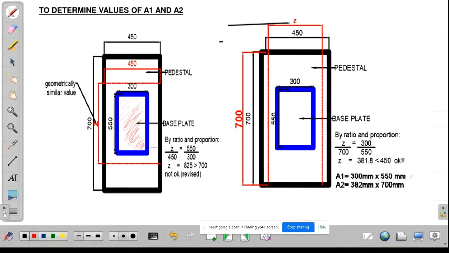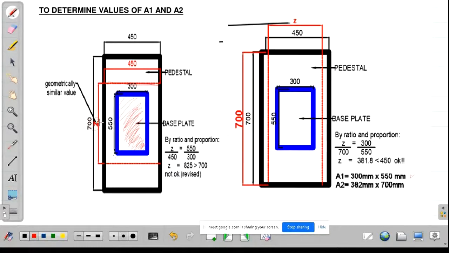Paano yung area 2 natin? So, area 2. So, pag minaximize natin yung 300, this is rectangular kasi rectangular din yung ating base plate. Pag minaximize natin yung 300 and nag-ratio and proportion tayo, that is para makuha yung length natin. Kasi pag minaximize natin yung 300, hindi pa natin alam yung length na kukunin natin sa pedestal. Okay?